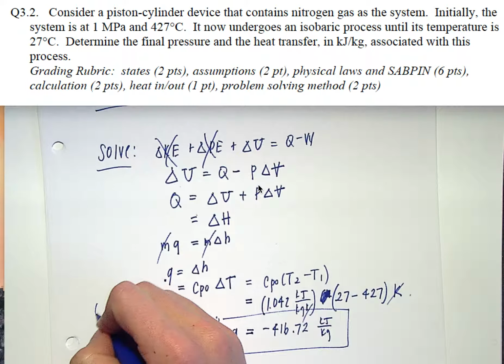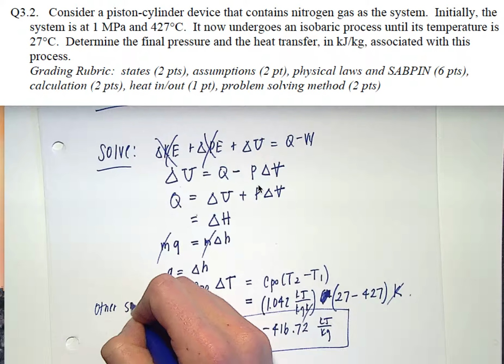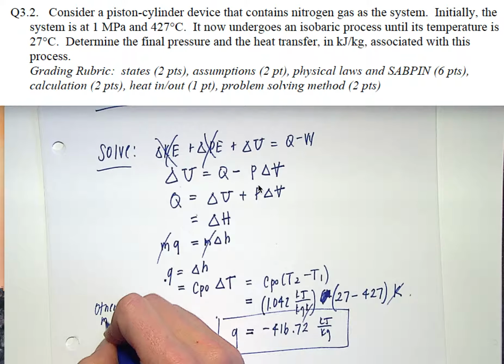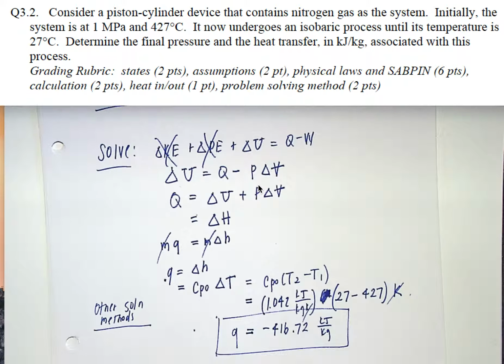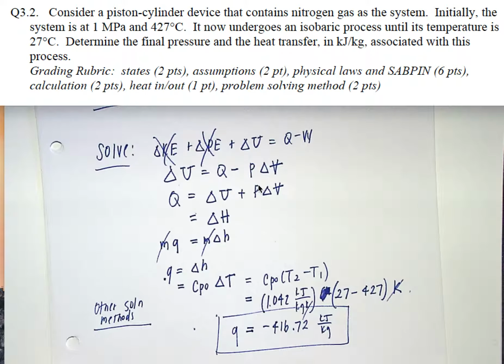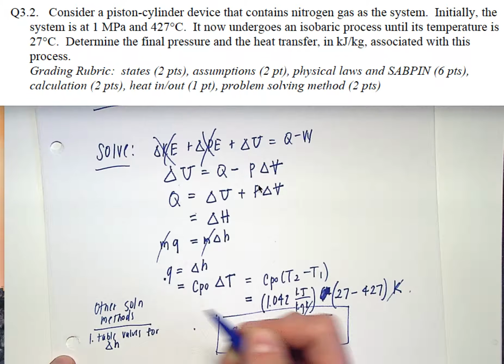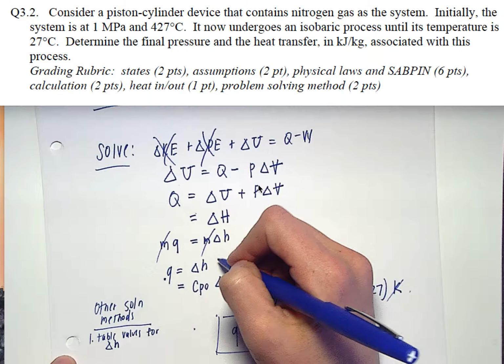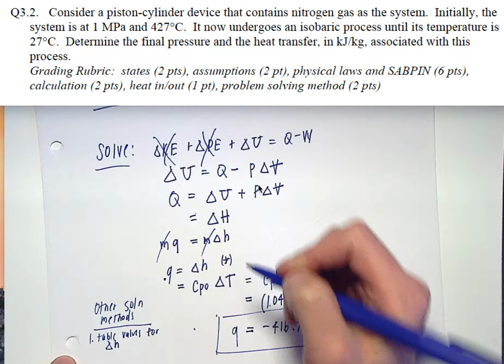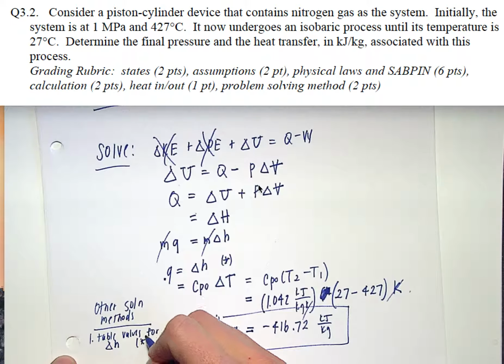So other solution methods. You could use table values for delta h, and so you could just start with this star equation, and you could just look up table values for h and use that.